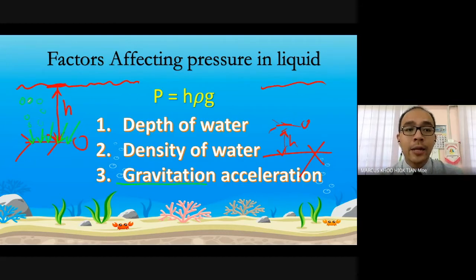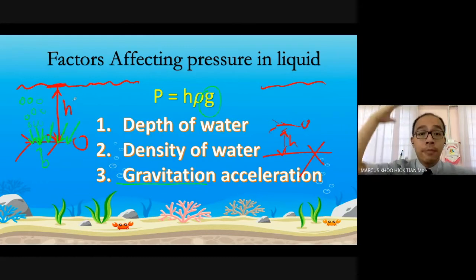Gravity pulls the water molecules toward him, so he feels the pressure. The water molecules here do not go up, because they follow gravity. So the more water there is above you, the bigger the pressure you feel. I repeat, the more water above you, the higher the pressure.